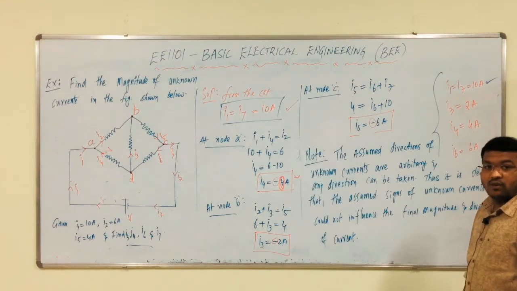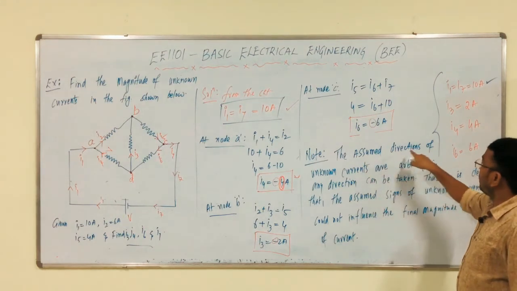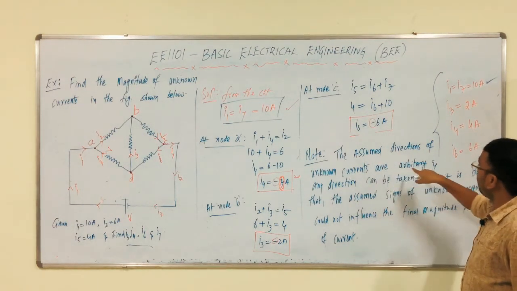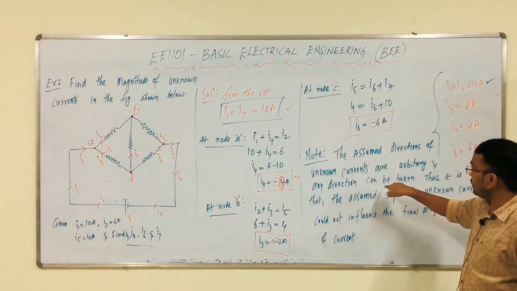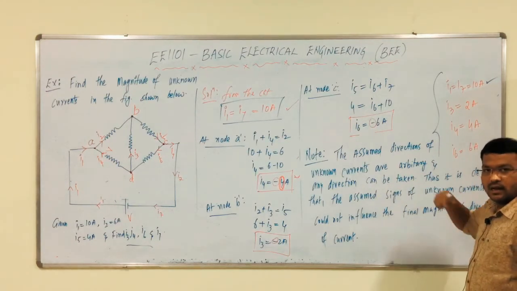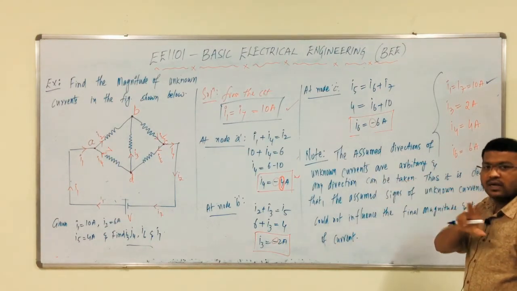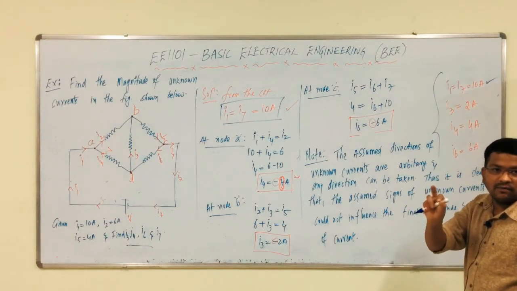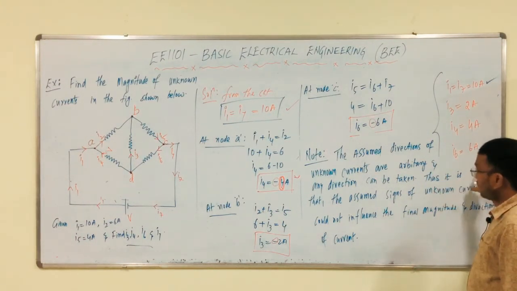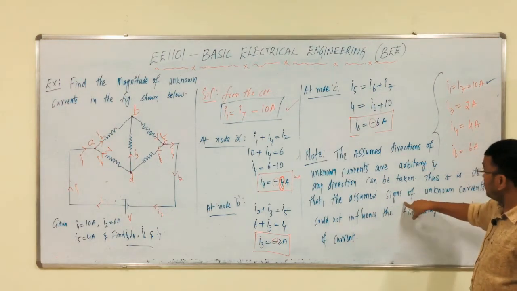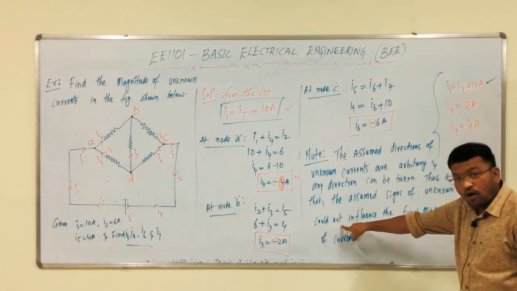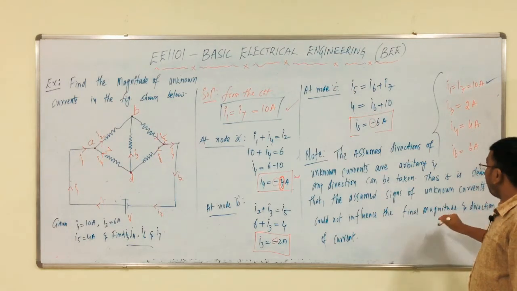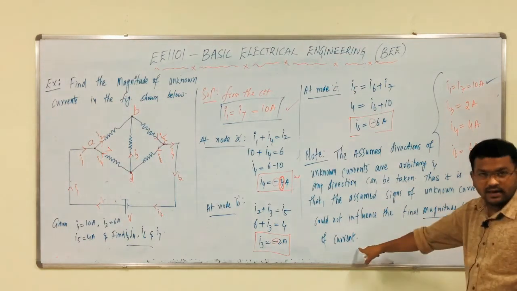So, the conclusion is that the assumed directions of unknown currents are arbitrary and any direction can be taken, meaning the direction is our own assumption, there is no particular assumption for the current flow direction. Thus it is clear that the assumed signs of unknown currents do not influence the final magnitude and direction of current.